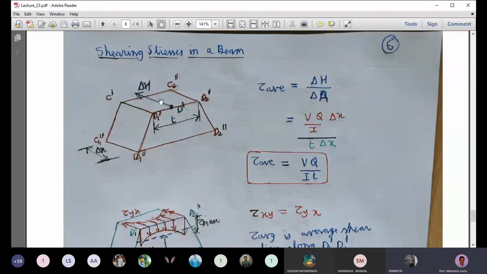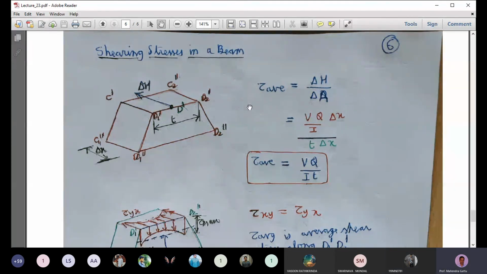So we can calculate the shear stress acting on this top area, C D1 C prime D1 prime and D2 prime C2 prime. What is the average shear stress?